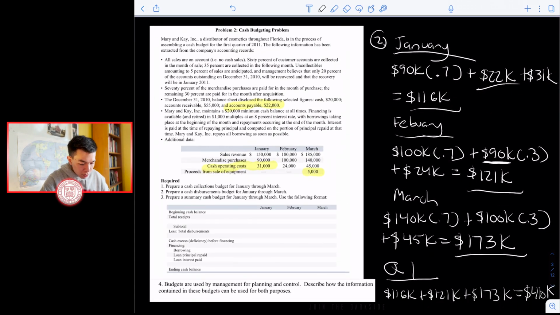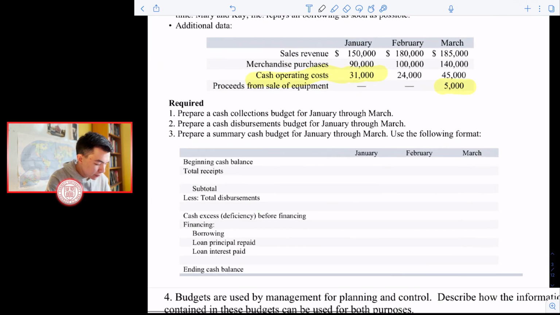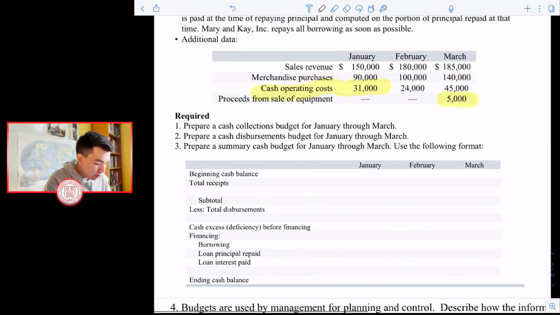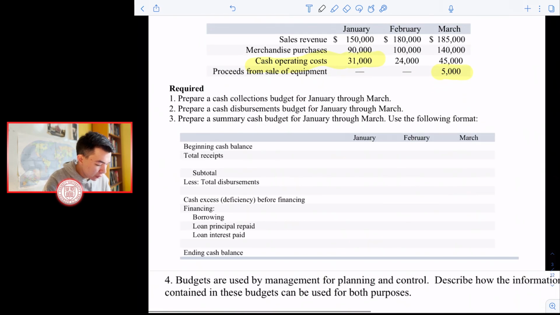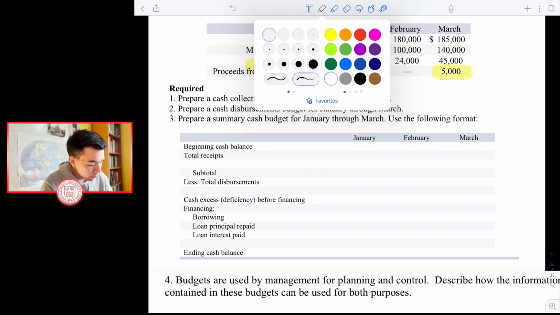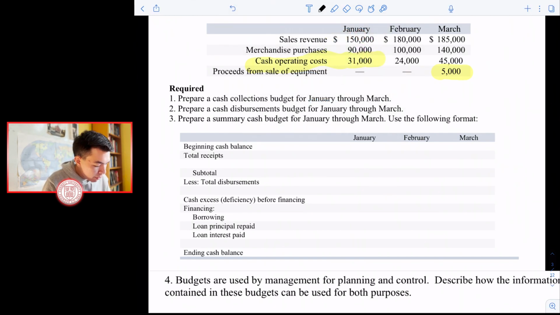So what I'm going to do is go over here, and we know our beginning cash balance, so let's look at this chart here, they're asking for our beginning cash balance for January. So I'm going to turn this into black, and we know our beginning cash balance is $20,000.